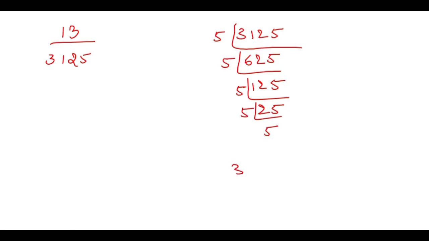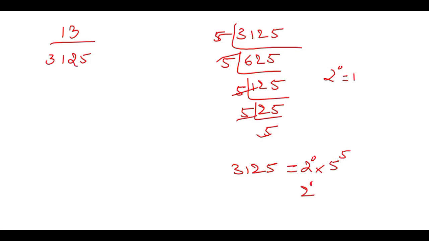So 3125 is equal to, how to write it? 5 to the power of 5, because there are 5 fives repeated, right? But there is no 2, so you write 2 power 0, correct? Because 2 power 0 is 1. So 1 into 5 power 5 is 5 power 5, that is 3125. So instead of 1 you can write 2 to the power of 0.